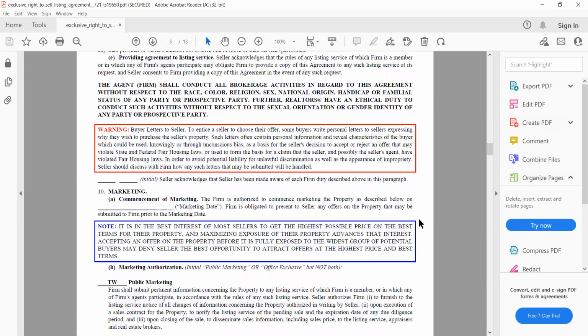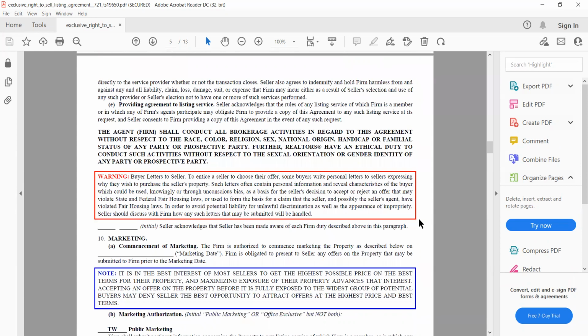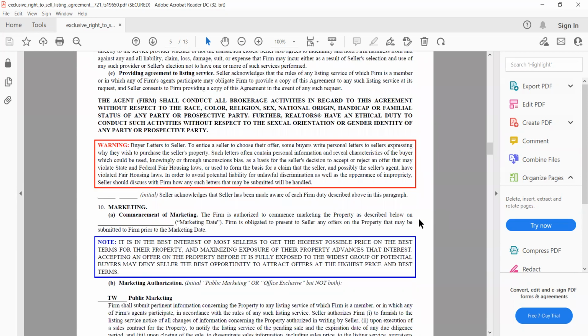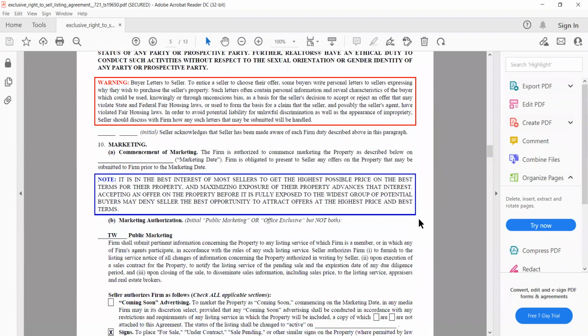And then on page 5. So here's something I want you to take a look at. There's some bold letters and some boxes to read. But number 10, marketing. There is now a box on the listing agreement that says commencement of marketing. Now, I already told you that once you sign the listing agreement, you're active and you have 48 hours to get that listing into the MLS.